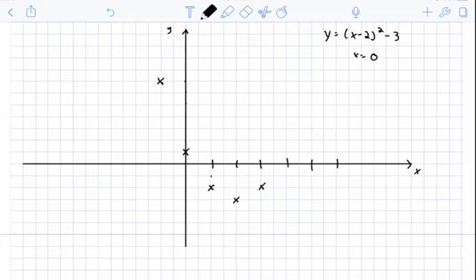When x is equal to 4, it's 4 minus 2 is 2, all squared is 4, minus 3 is 1. When x is equal to 5, 5 minus 2 is 3, 3 all squared is 9, 9 minus 3 is 6. I think this point should be moved down 1.